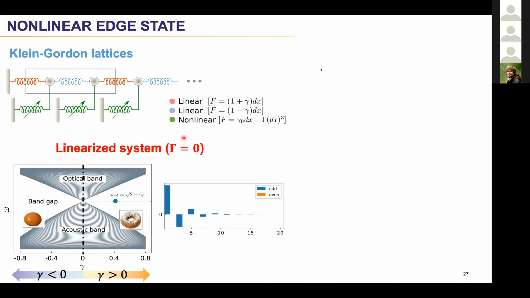We already know that for the linearized dynamics, where capital gamma is 0, we have seen this picture earlier, that we have two topologically distinct regions depending on what the gamma value is. This is topologically trivial, this is topologically non-trivial, and that's why we have an edge state here. And the edge state looks like this, where the even sites have 0 displacement.